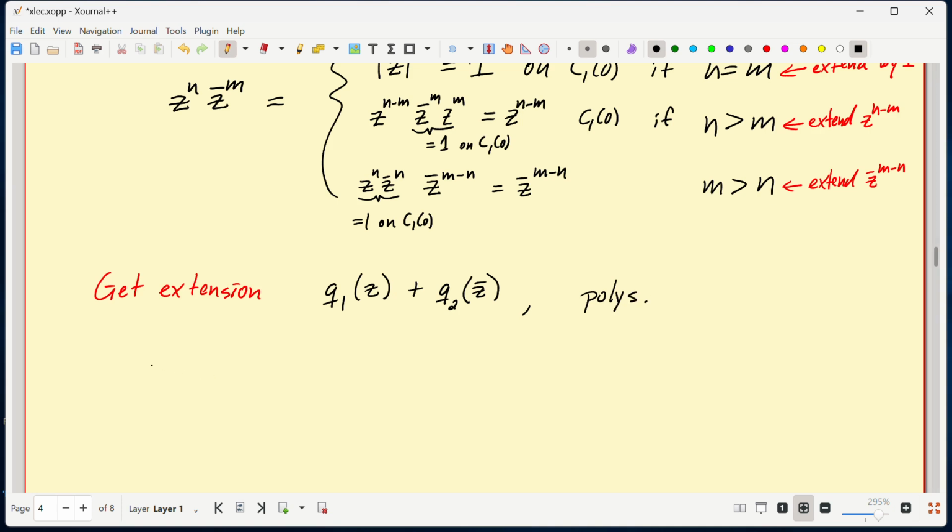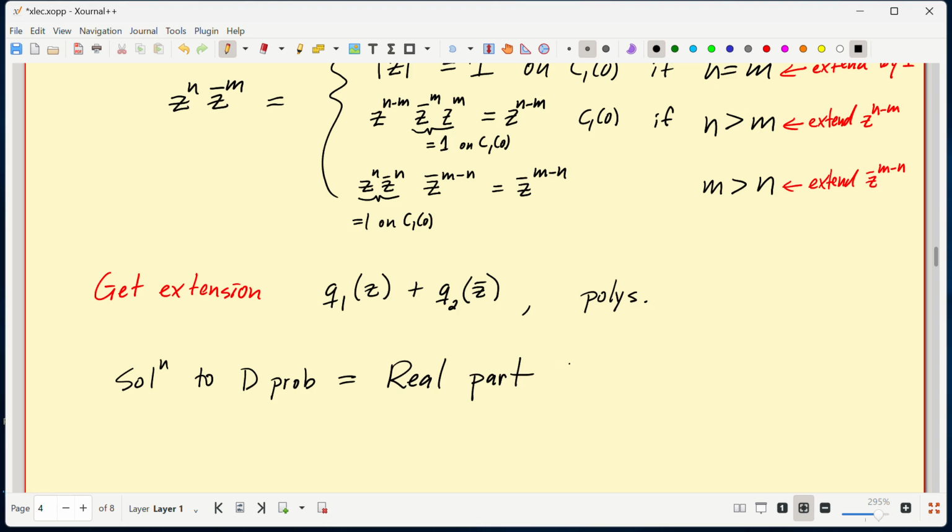And of course, the solution to the Dirichlet problem would be the real part of that. And the real part of that thing would be a polynomial. The imaginary part actually turns out to be 0, because if I have a real valued p of x y, then of course the solution to the Dirichlet problem would be real, and the v part would be 0 on the boundary, so the v would be a harmonic function that's 0.